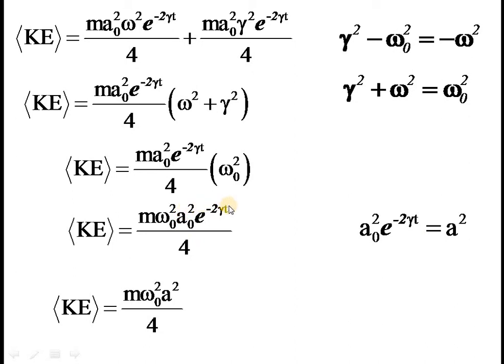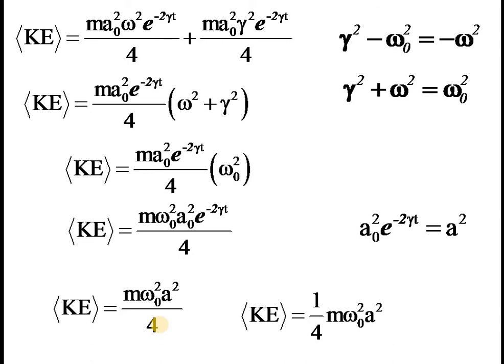So we are replacing these terms; this whole expression is a square. Understand? So we got the average kinetic energy equal to m omega 0 square a square by 4, the average kinetic energy in a period of the damped oscillator. Its expression is given here.